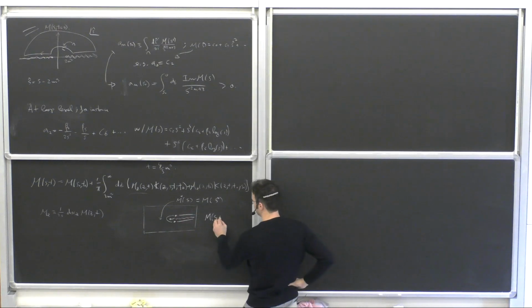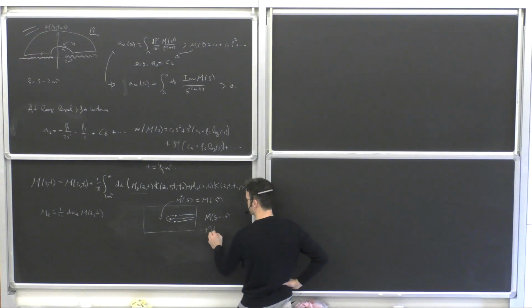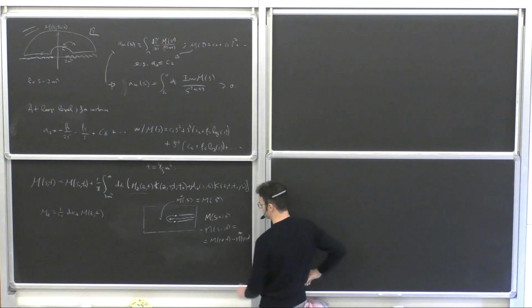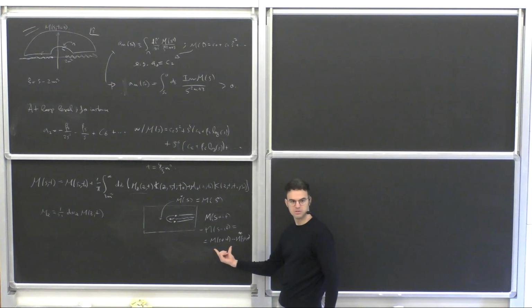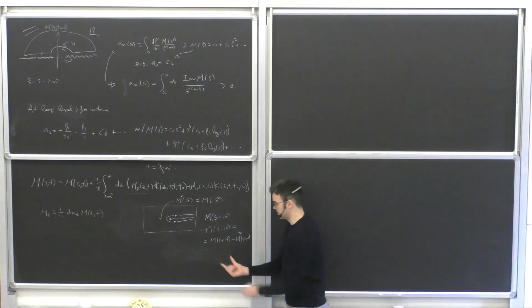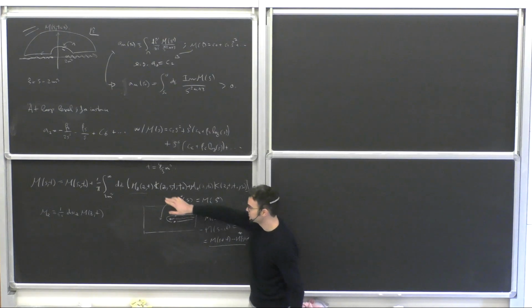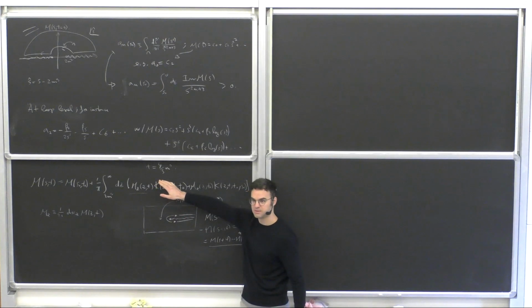So we have M of s plus i epsilon minus M of s minus i epsilon, which is nothing, of course, but M of s plus i epsilon minus M of s plus i epsilon star, okay? So that's why we write, and this is nothing but the imaginary part of the function, right? The value of the function minus its complex conjugate. That's why we write the discontinuity in terms of the imaginary part.